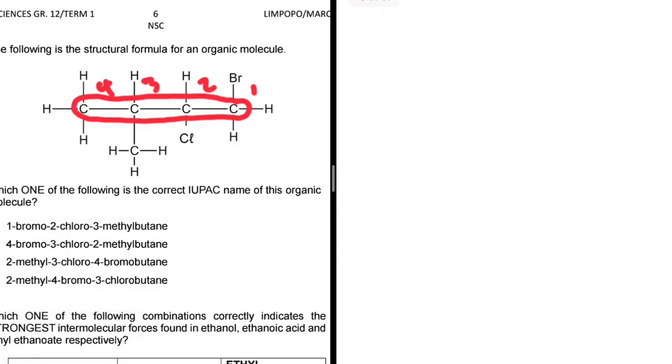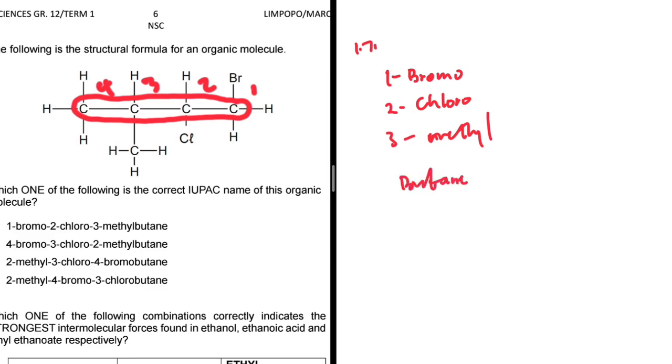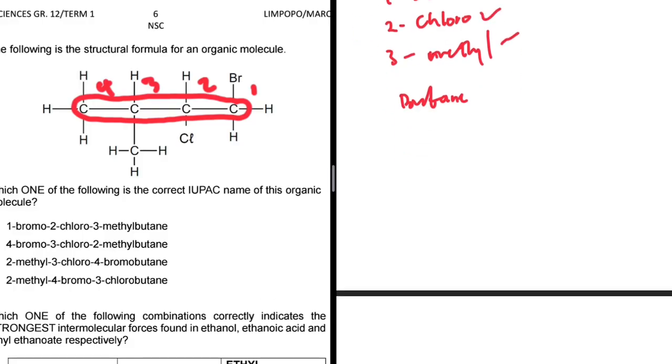Okay, so 1.7, we have 1-bromo, obviously, right? That's one of the branches. The other branch is 2-chloro. That's the other branch. And the third branch is 3-methyl, right? And then 4 carbons, so that is butane. We have to arrange this in alphabetical order.